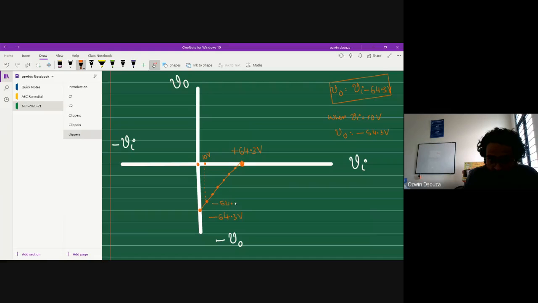I hope you understood now, right? So like this, you go on allotting different values for the input. Finally, when the input value is 64.3, you get 0 volts as output. That's the reason you get a transfer characteristic curve of this kind.